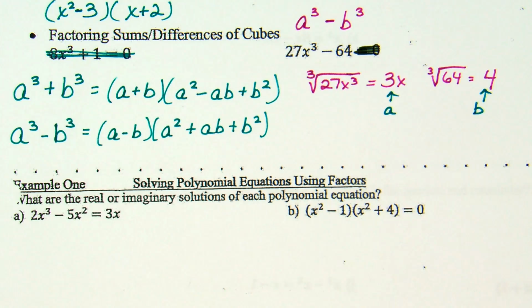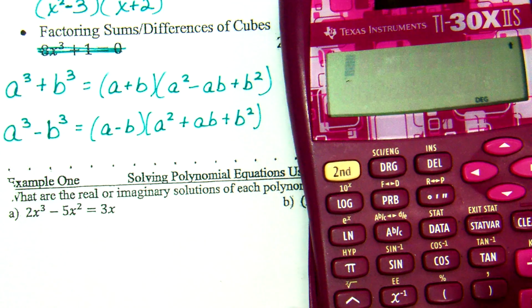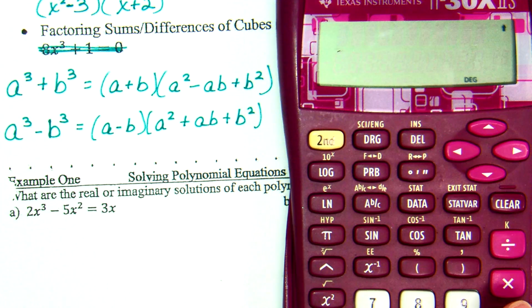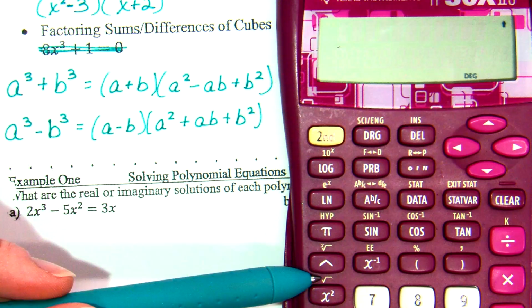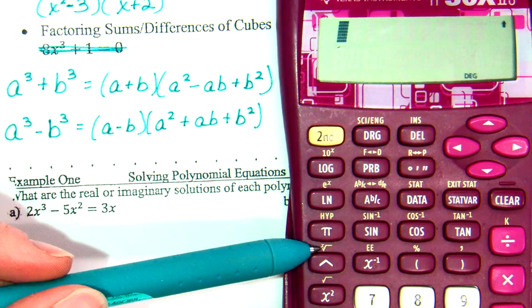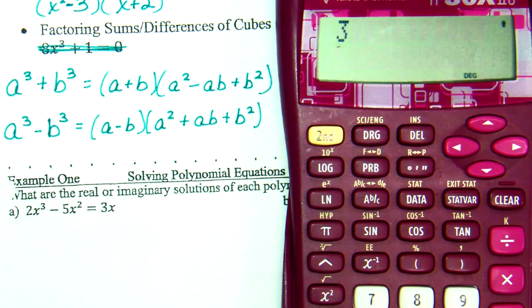2-second calculator lesson. Do you guys know how to do a cube root on your calculator? They do it. I promise. Any scientific graphing calculator is going to do a cube root. Okay, so my square root symbol is right here. The cube root, or any root, is the one that's the x root. That's the one you want to do. So if I'm going to do a cube root, on my calculator, I type 3 first, and then I'm going to do that.